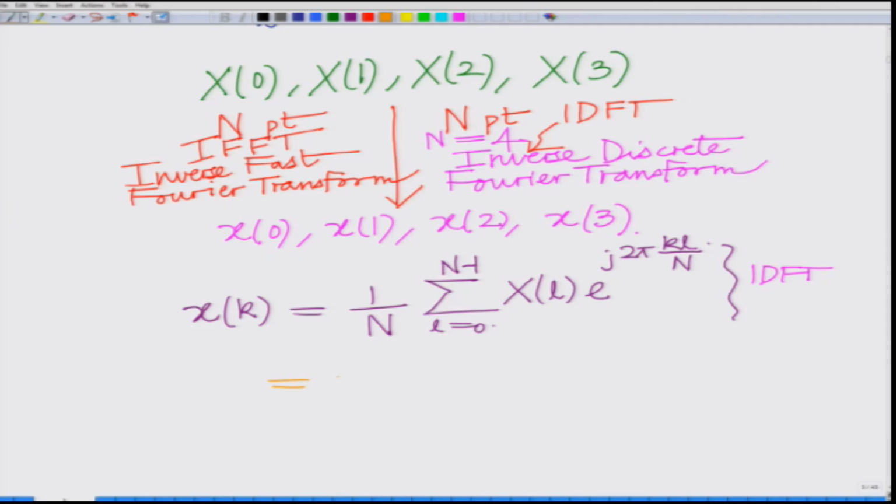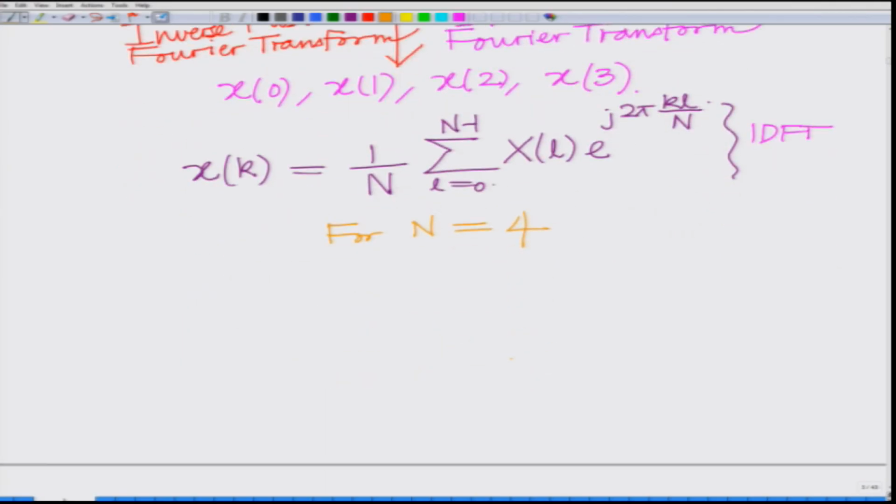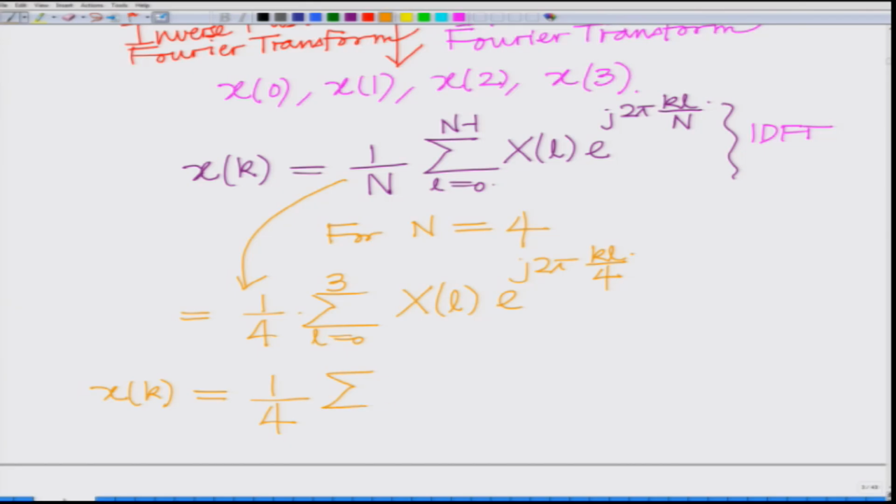Now setting N equal to 4, x k equals 1 over 4, summation L equal to 0 to 3, X L e raised to j 2 pi k L divided by 4, which is 1 over 4, summation L equal to 0 to 3, X L e raised to j pi by 2 k L. Please note that this is only for this specific example corresponding to N equal to 4 subcarriers.